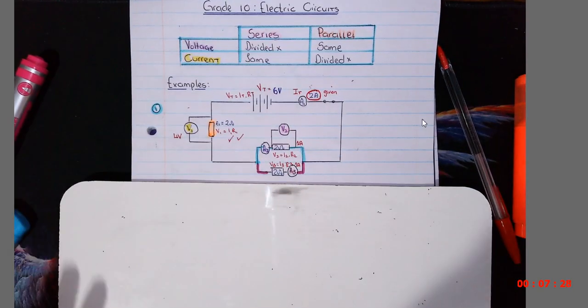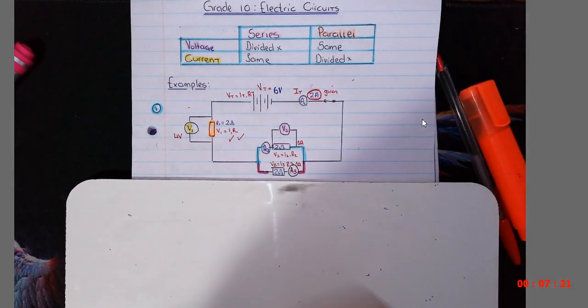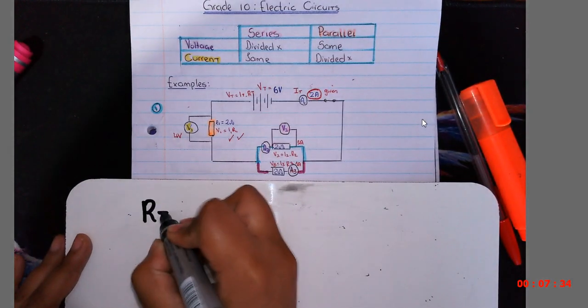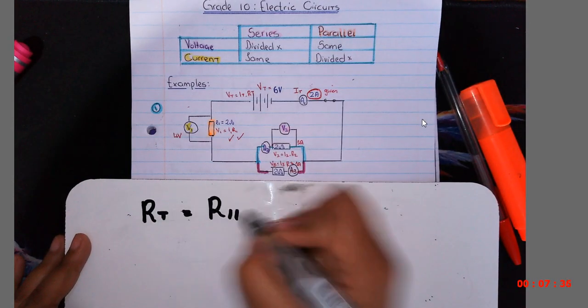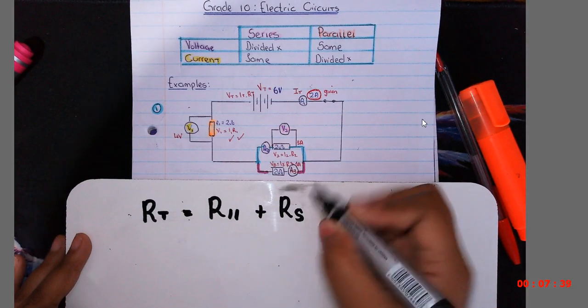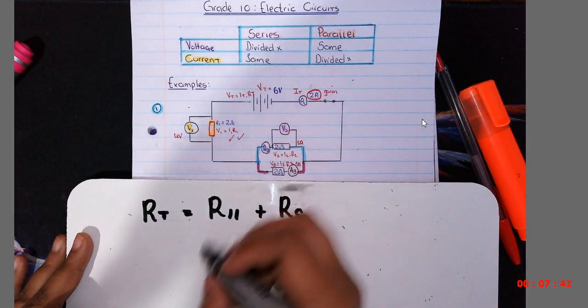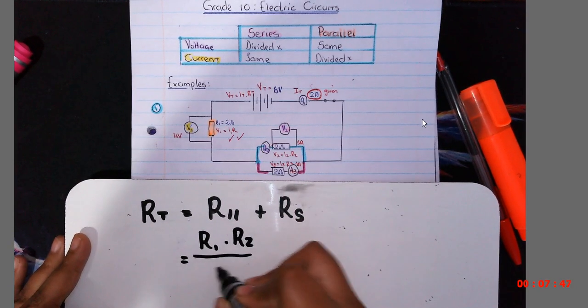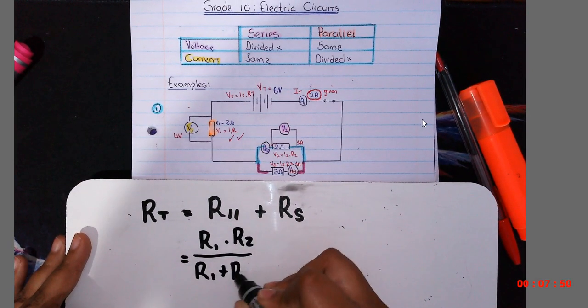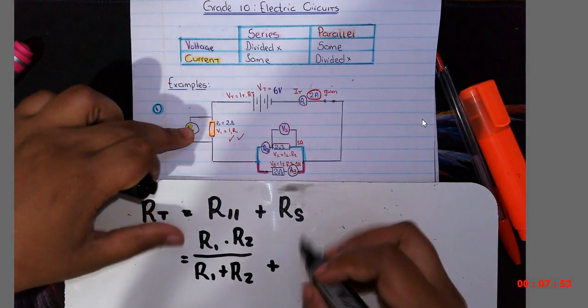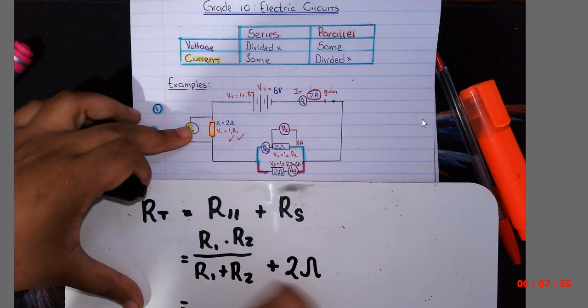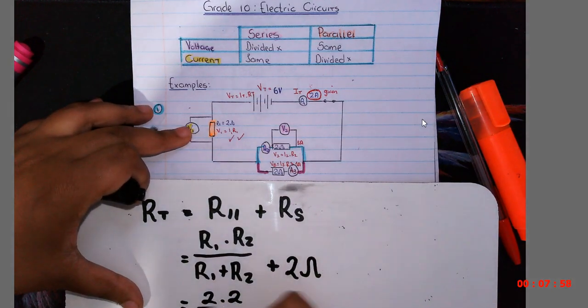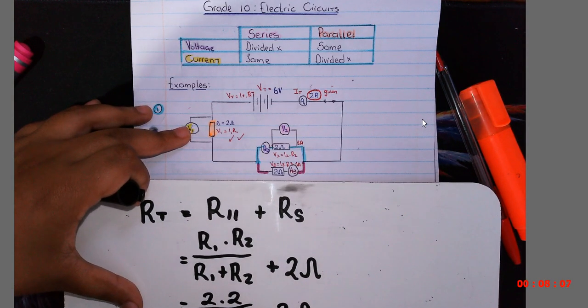R total is equal to the parallel resistance plus the series resistance. The parallel resistance we get from R1 times R2 over R1 plus R2, and the series resistor we know is 2 ohms, so we substitute 2 times 2 over 2 plus 2, plus the 2 ohms, which gives us 3 ohms for the total resistance.